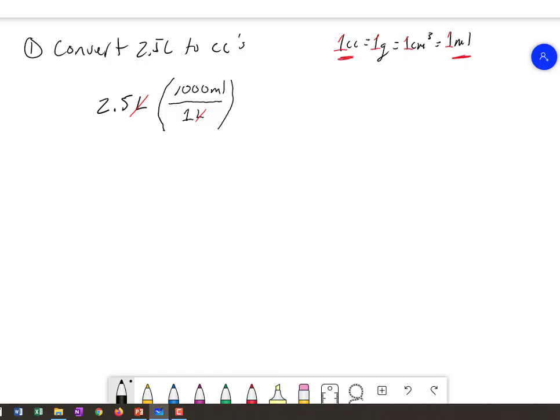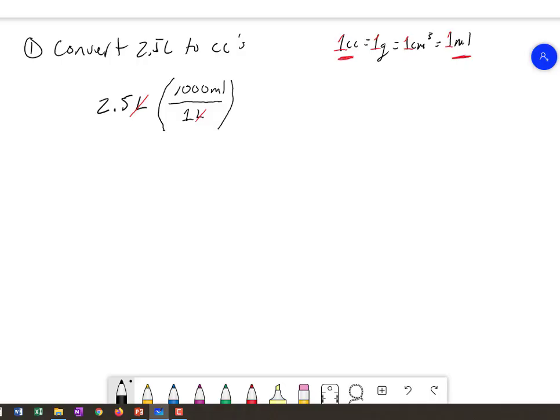And on top here, because I want this in milliliters, I know that there are 1,000 milliliters in 1 liter. And so this allows me to cross cancel out my liters. So if I did this multiplication through, I would now be in milliliters. And so I can actually just do that right here because I know it's a direct one-to-one conversion.